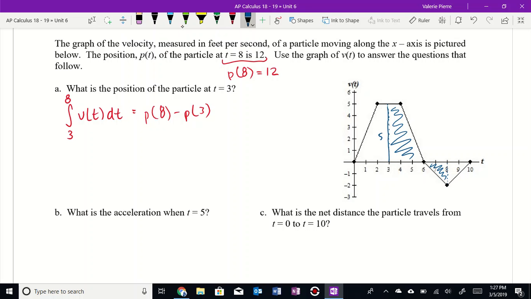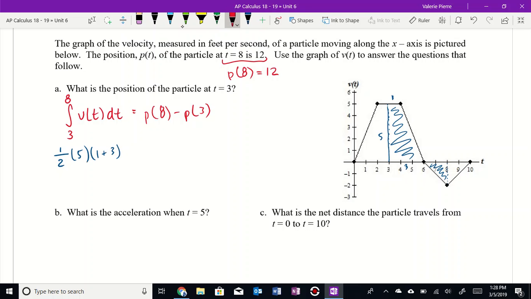Base 1 of my trapezoid goes from 3 to about 4, so this is 1. And base 2 goes from 3 to 6, which is 3. So part of this is going to be 1/2 times 5 times (base 1 plus base 2).